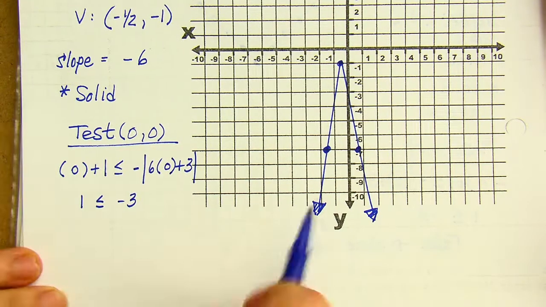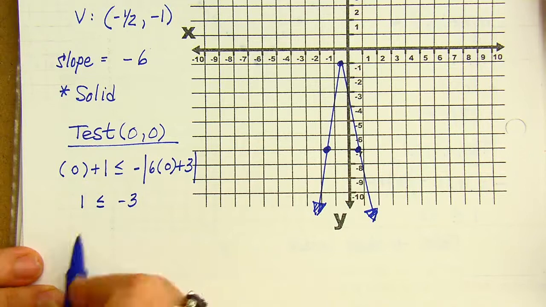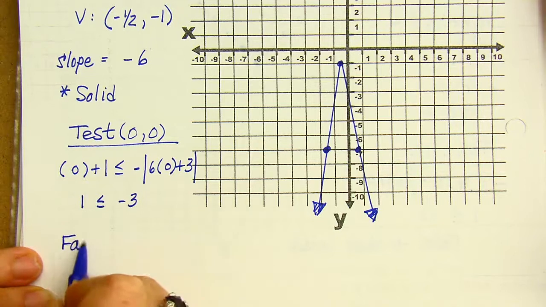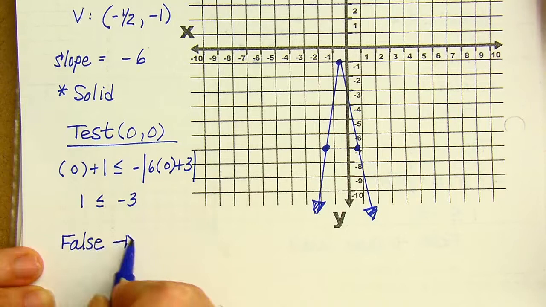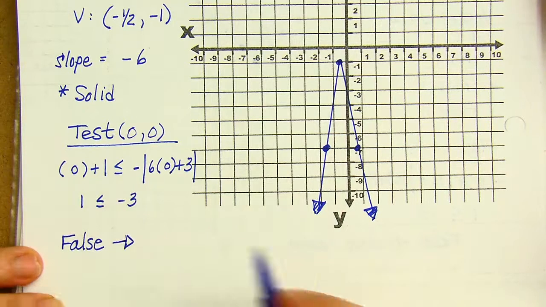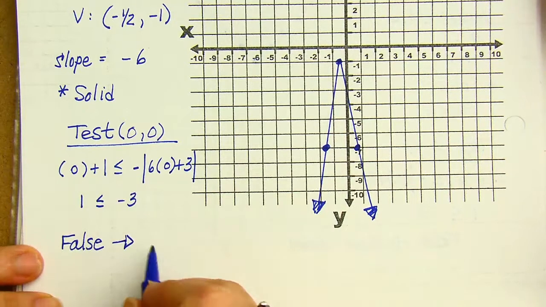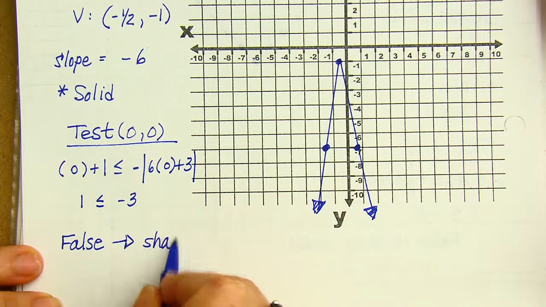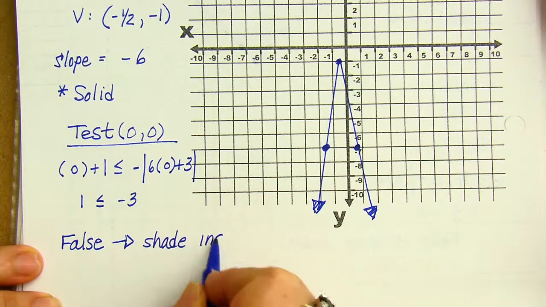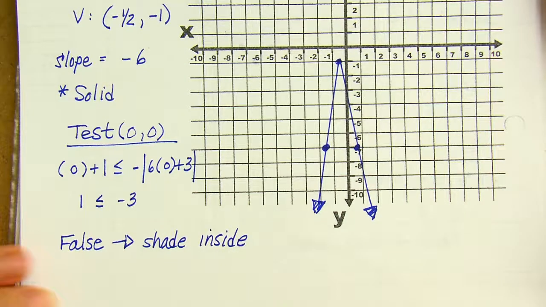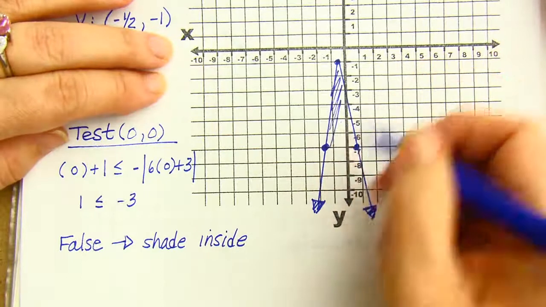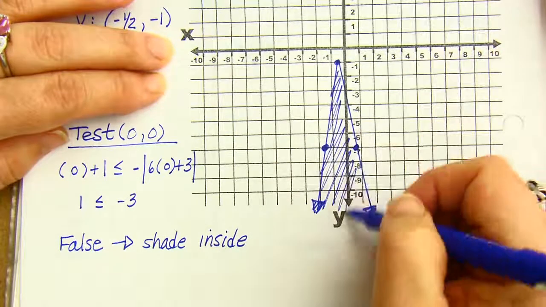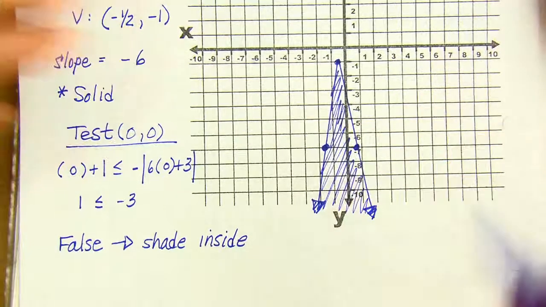Okay, so again, is this true or false? And you say, no, that's false. A positive number is never less than a negative number. Where is 0, 0? It's on the outside, so since that is on the outside and it's false, I have to shade inside. Okay, so I'm going to go ahead and shade the inside of that V-shaped graph.